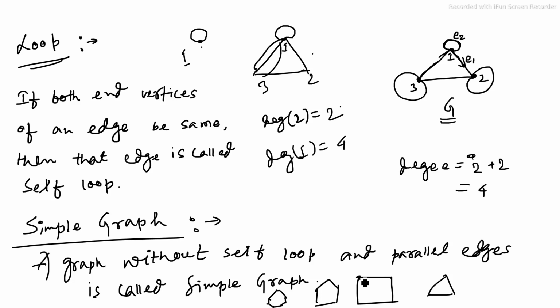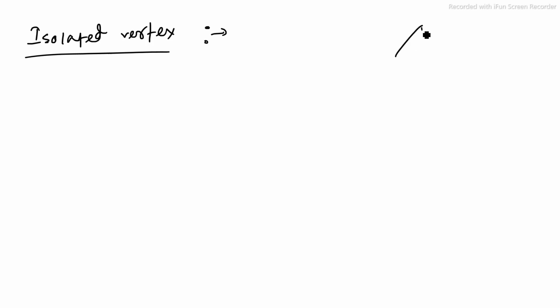We must also know what is a pendant vertex or isolated vertex. Isolated vertex means, suppose this is a graph with vertices v1, v2, v3, and this is v4.